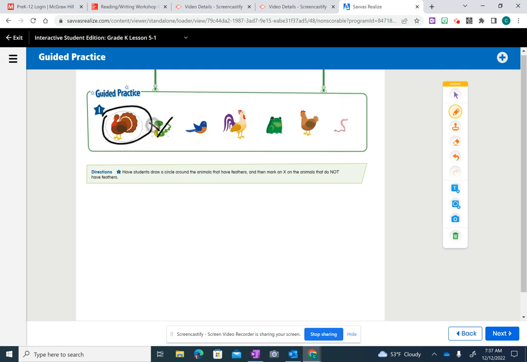A snake does not. A bird has feathers. A rooster has feathers. A frog does not. A hen has feathers, and a snake does not. So we had 1, 2, 3, 4, 5, 6, 7 animals. 1, 2, 3, 4 of them had feathers, and 3 did not.